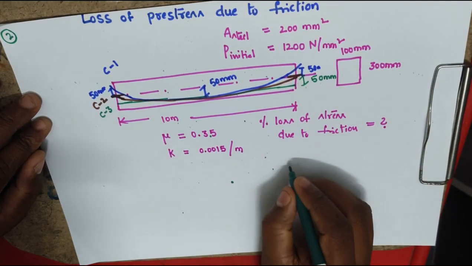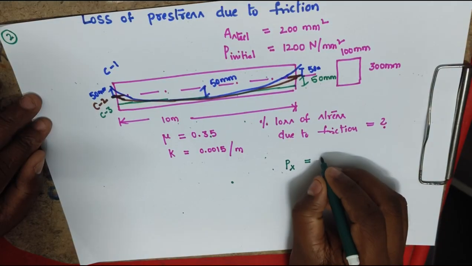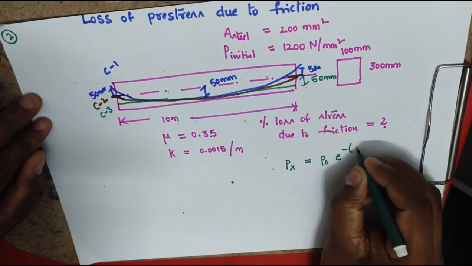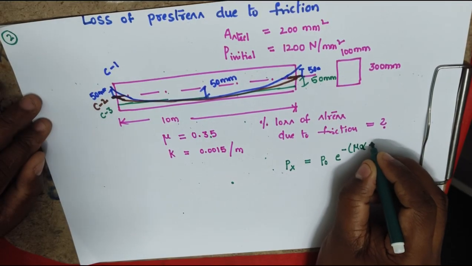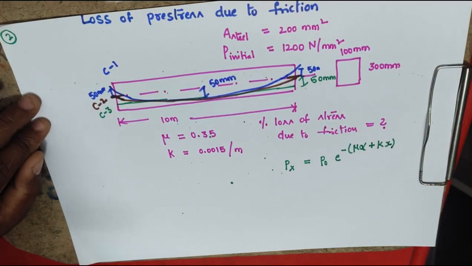To solve this one, we know the equation Px is equal to P naught into e power of minus mu alpha plus kx, right?